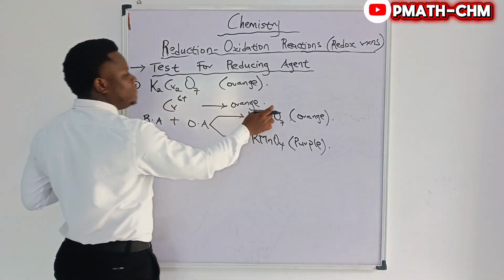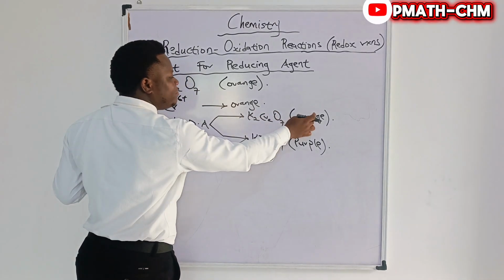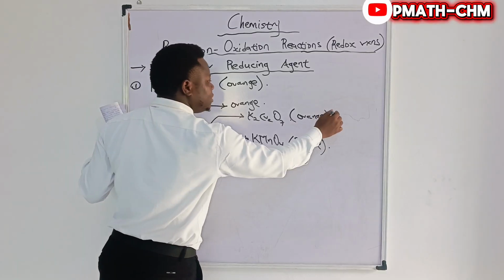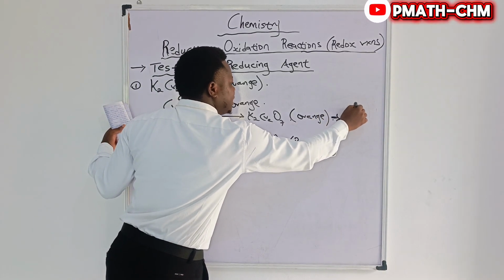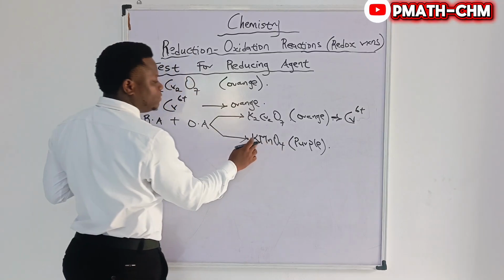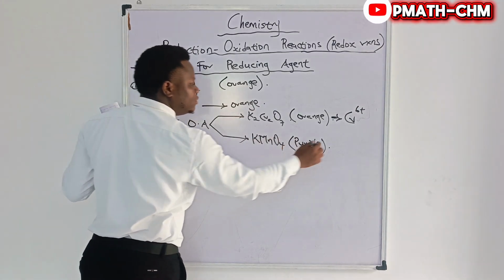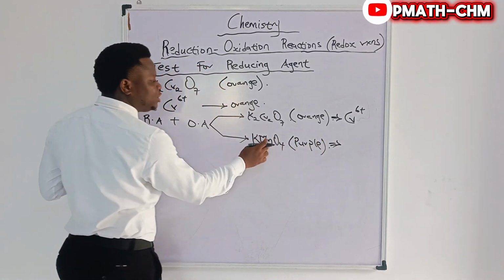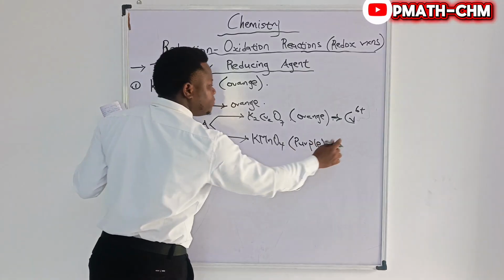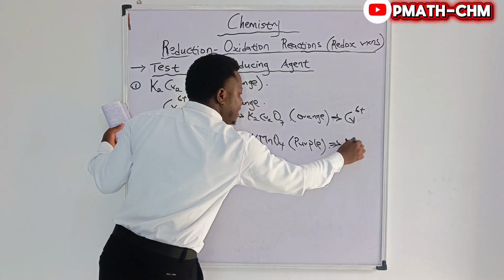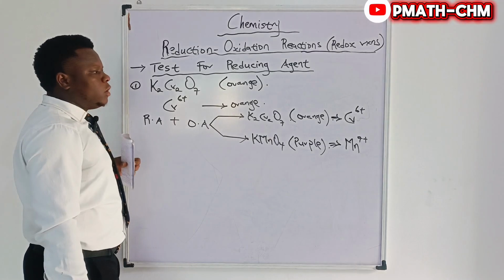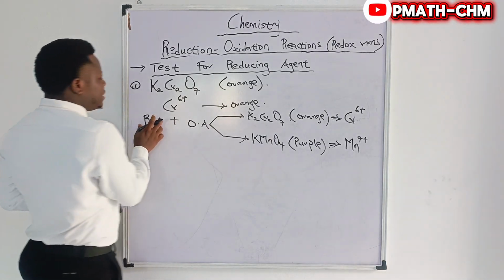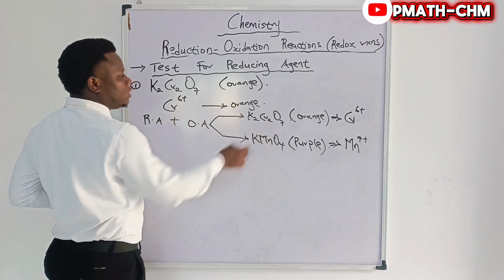So the ion that's actually bringing out this orange color, take note, is Cr6+. Then this is potassium tetraoxomanganate(VII). So the transition ion that produces this purple color is Mn7+. So when you react a reducing agent with any of this, what happens?